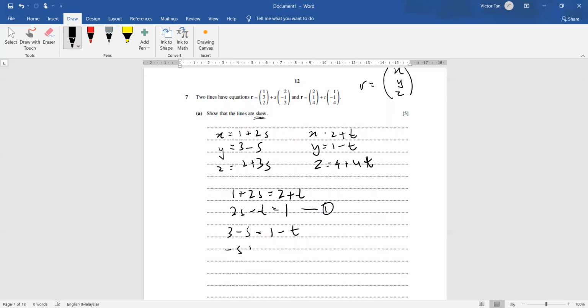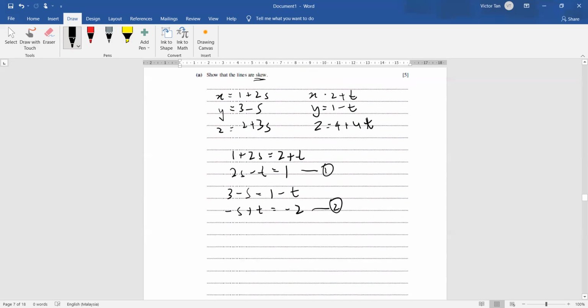So you have minus s plus t equals minus 2. This is equation 2. Equating the z, you get 2 plus 3s equals 4 plus 4t. So you have 3s minus 4t equals 2.